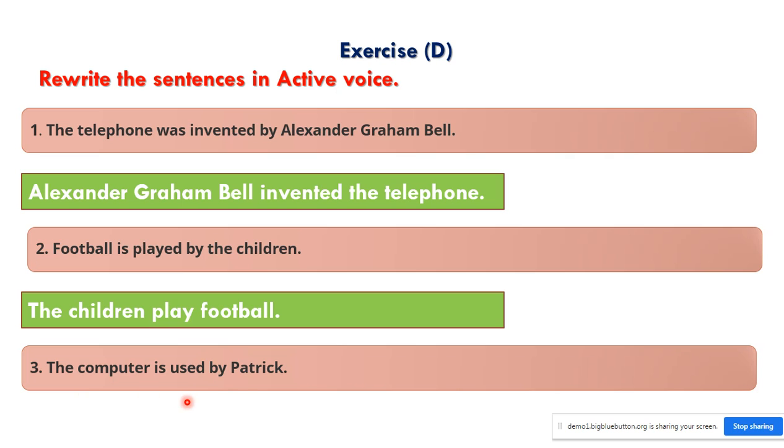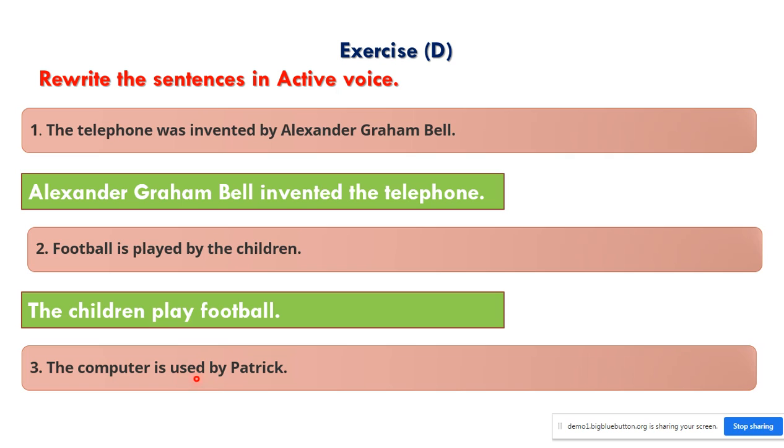The last one. The computer is used by Patrick. "Is used" is verb to be in the present followed by the past participle. So the original verb in the active sentence was present simple. I'll start with the object, which is the doer, Patrick. Patrick, what does he do? Yes, Patrick uses the computer.